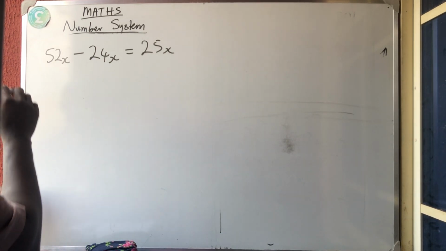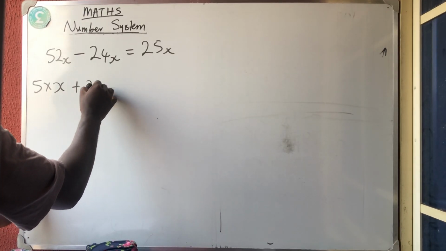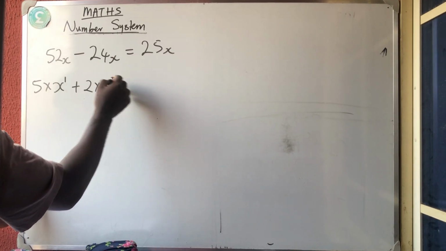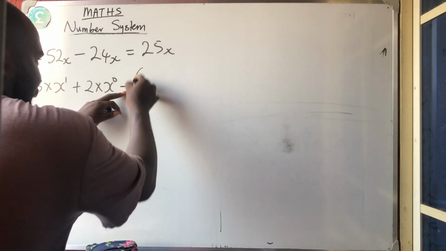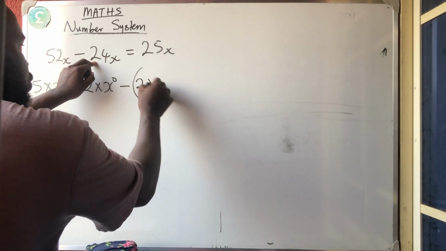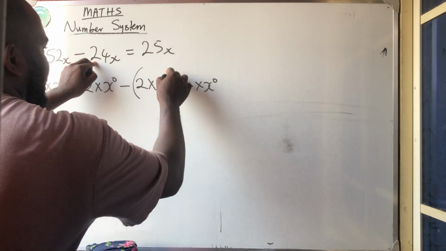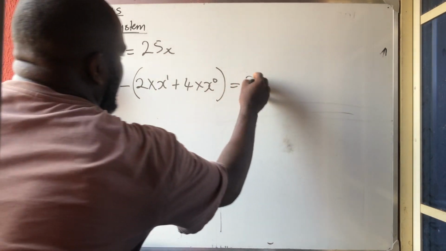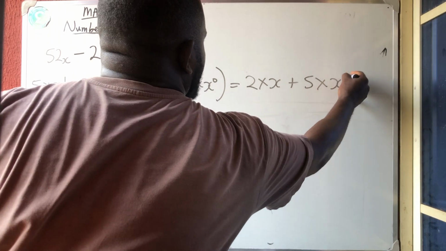So the normal method we are supposed to solve it is what? 5 times x plus 2 times x, 0 and 1, minus, this minus is very powerful. Open bracket, please, because minus is very powerful. You have what? 2 times x plus 4 times x, 0 and 1, close the bracket, is equal to 2 times x plus 5 times x, 0 and 1.